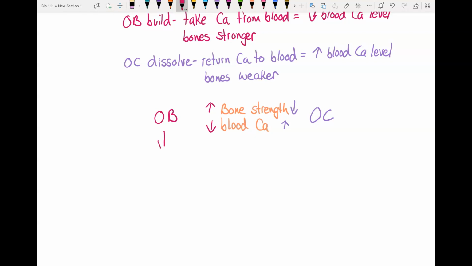Osteoblasts are controlled by how much you exercise. Everybody knows that lifting weights makes your muscles bigger and stronger, but what a lot of people don't realize is lifting weights also makes your bones thicker and stronger.